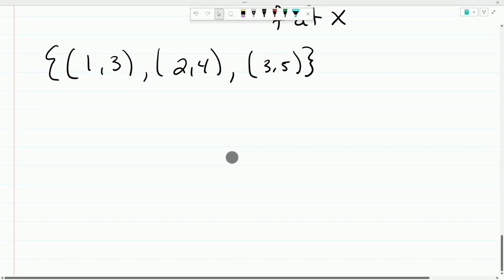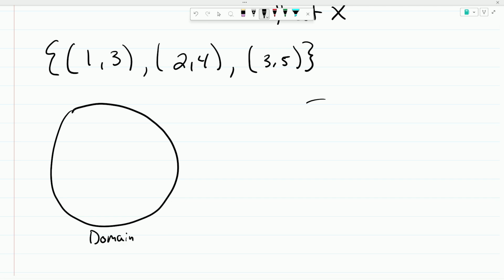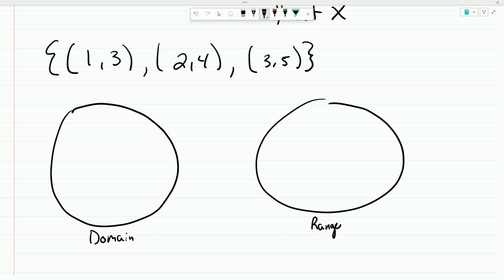Now, earlier, we would go ahead and say, well, this is our domain, and this is our range. Okay? But now we're going to be even more specific with what we're saying. If you went back and looked at the announcement for this week, I used some words like independent and dependent variables. All right? Our domain are going to be the independent variables.